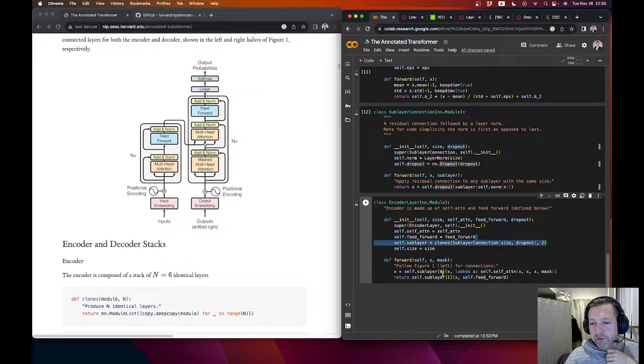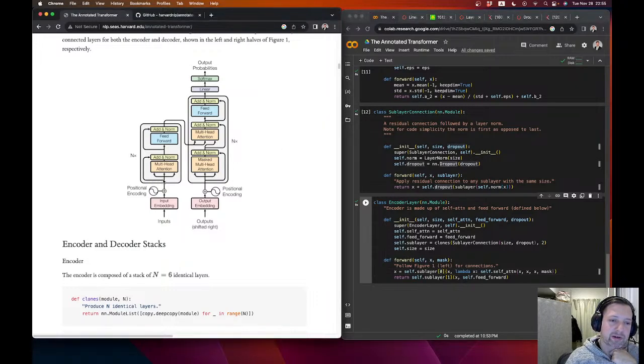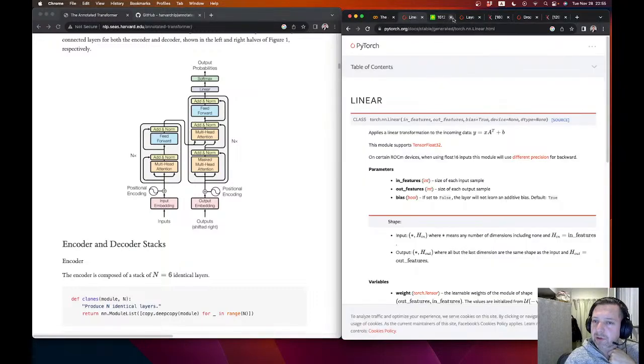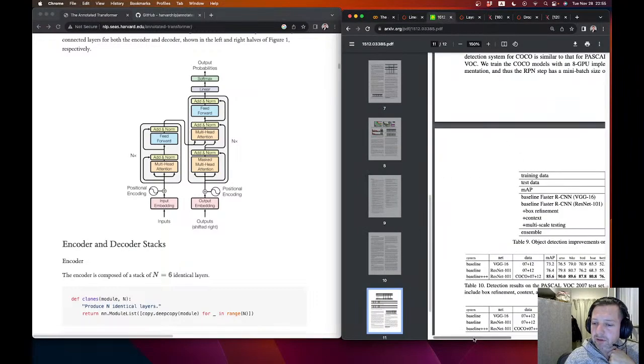And then when we forward, out of the two clones we take the first one, and the sublayer connection that we just discussed basically ensures this bit here, right? So input comes in, it's kind of sidetracked here. I think there's a technical term that they use to say that. What's that called?